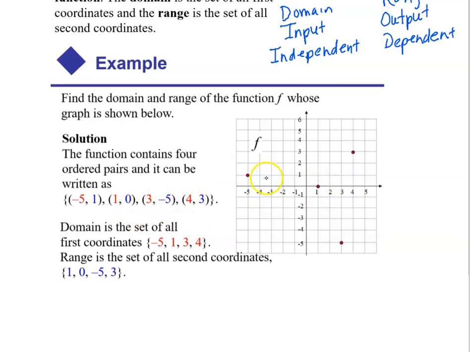We've got 3, -5, and then we've got 4, go up to 3. So the domain is the set of all the first coordinates, the ones that are in red: -5, 1, 3, and 4. The range is the set of the second coordinates: 1, 0, -5, and 3.